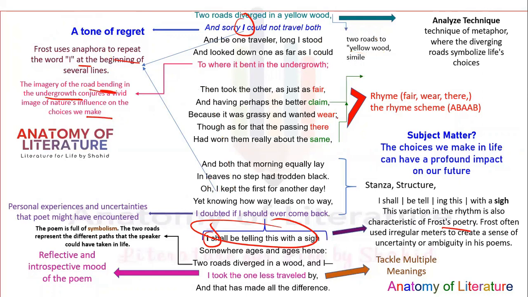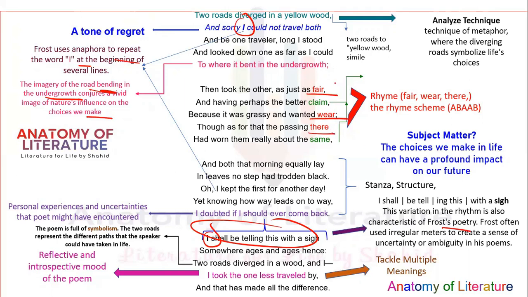So now look how we can identify the rhyme scheme of a poem. Rhyme is something that repeats and can be observed at the end of a line of verse. So it's very important to identify the rhyme sounds at the end of the words of a poem, like fair stands parallel with where and there.